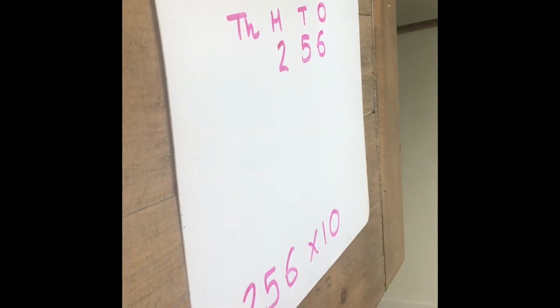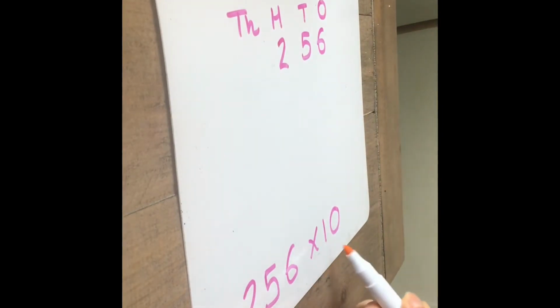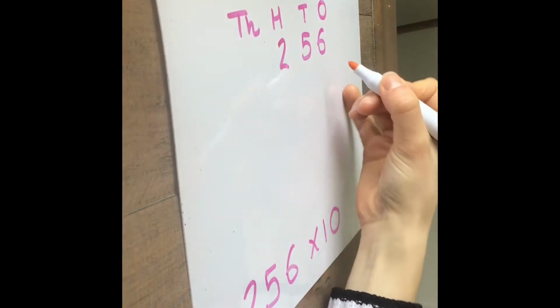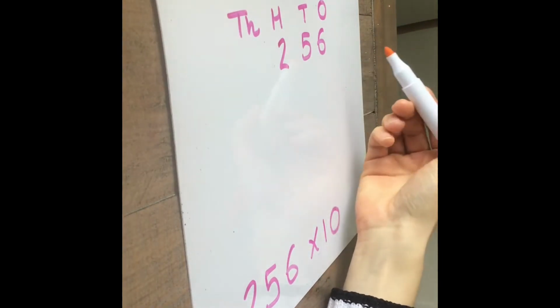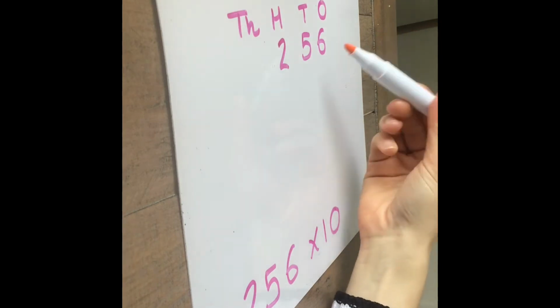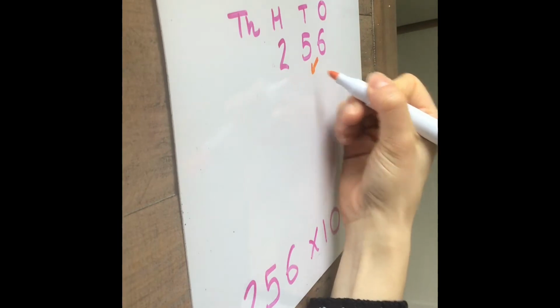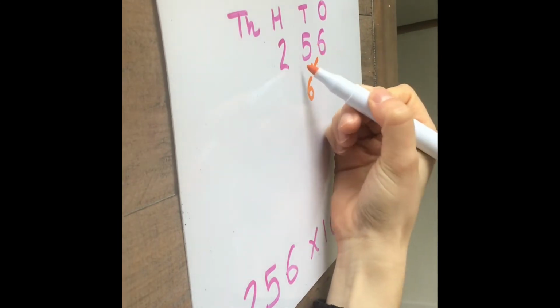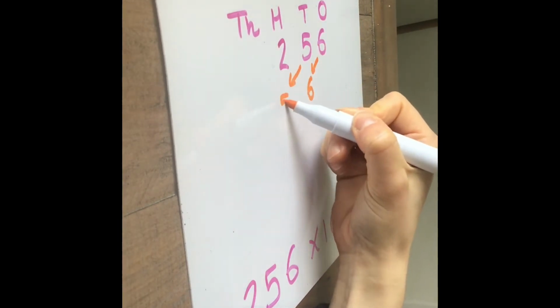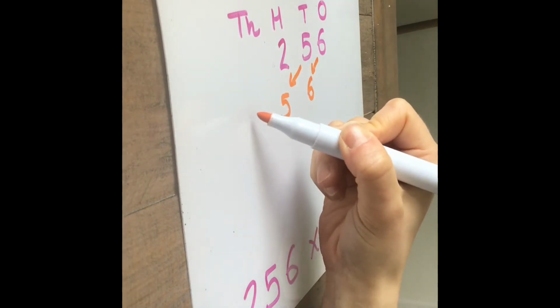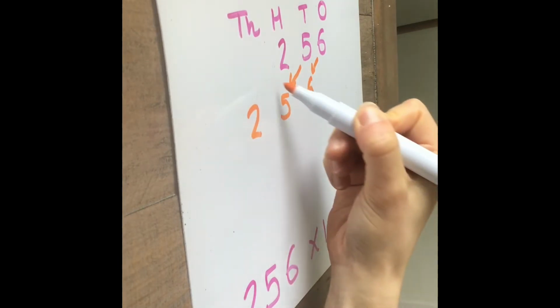So let's start with the sum 256 multiplied by 10. Now, this is just a recap. So remember, when we multiply by 10, each digit moves one place to the left. So the 6 ones become 6 tens, the 5 tens become 5 hundreds, and the 2 hundreds become 2 thousands.